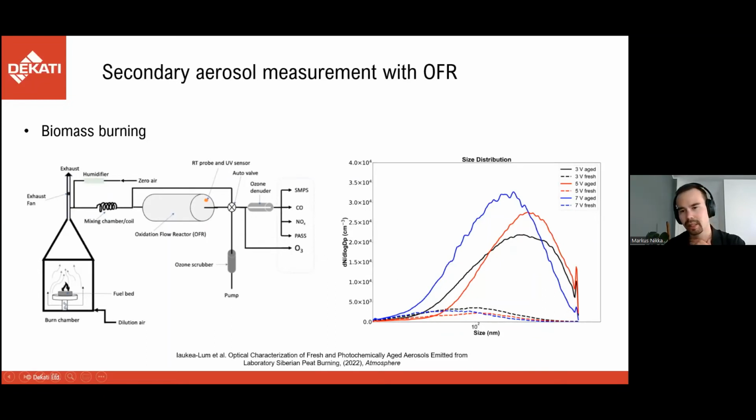The dashed lines are for the fresh aerosol, so with the bypass around the oxidation flow reactor, and the solid lines are different aging times through the reactor. So we see a significant shift to the larger sizes. This is number size distribution, so the median number size increases significantly, which means the mass has increased significantly.